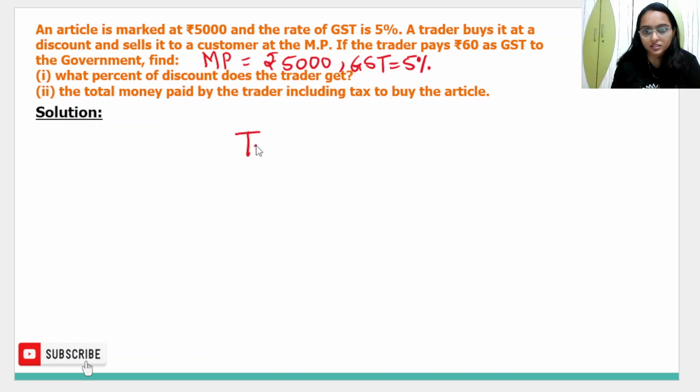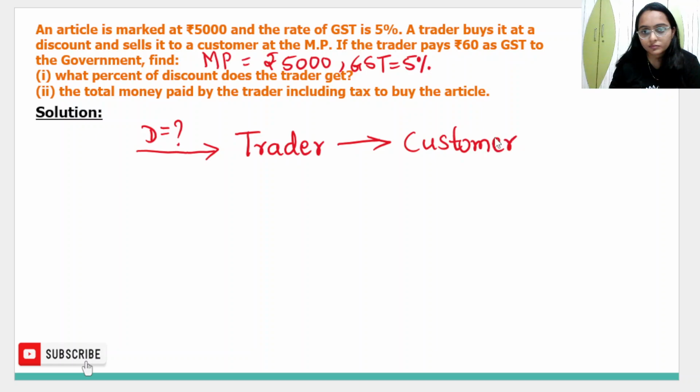Let's make the GST chain. So there is a trader in the center. He buys the article at some discount amount. We don't know what the discount is. And he sells it to a customer at market price.